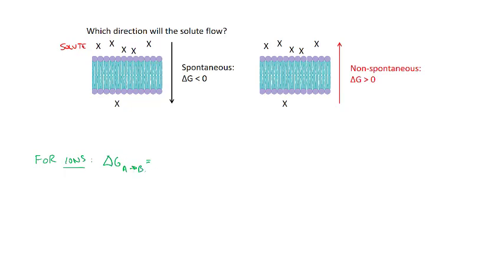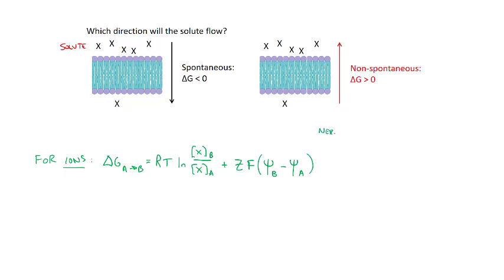Delta G of moving from side A to side B is equal to RT, natural log, concentration of X on side B over concentration of X on side A. It's always where you're going divided by where you're coming from, plus a second term, ZF, and then in parentheses, psi A, excuse me, that should be psi B, minus psi A.